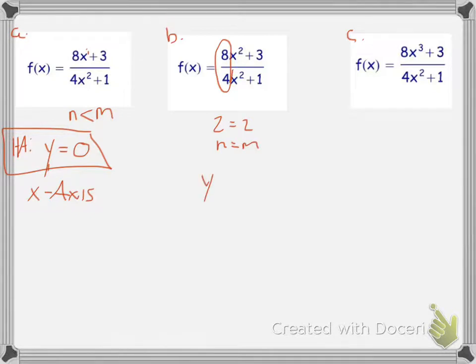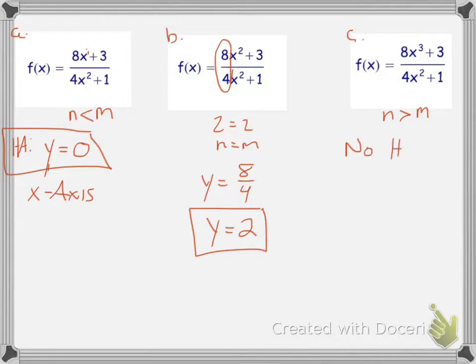So it's going to be y equals 8 over 4, which reduces to y equals 2. And then in the last one I have a cubic over a quadratic, which means my n is greater than my m, which means that there is no horizontal asymptote.